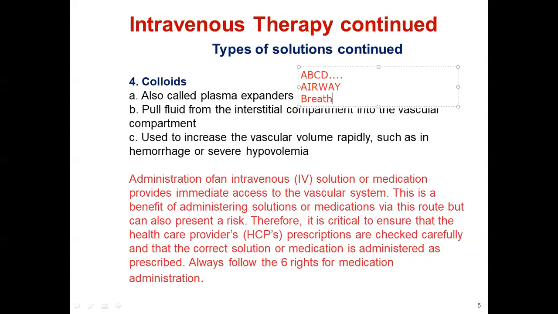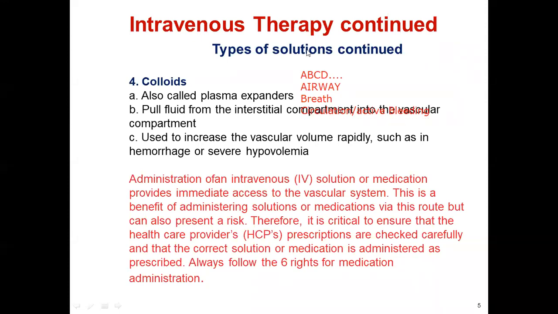Then you have to check the circulation, or any active bleeding. This active bleeding is actually hemorrhage. If you do not stop it, it leads to hypovolemia, hypovolemia leads to hypotension, hypotension leads to shock, and the patient dies.